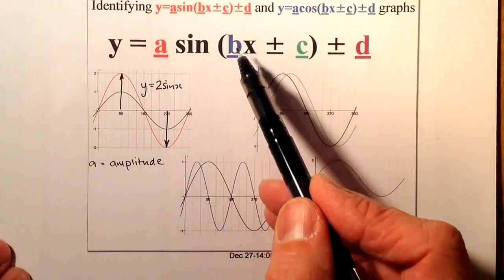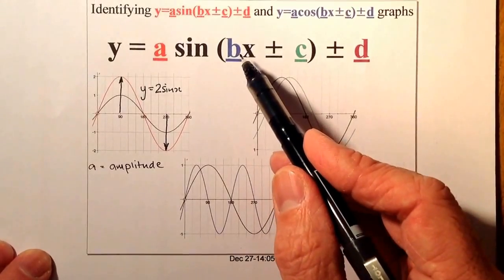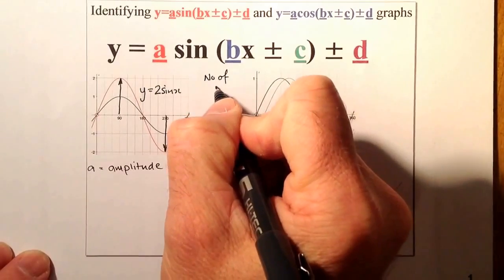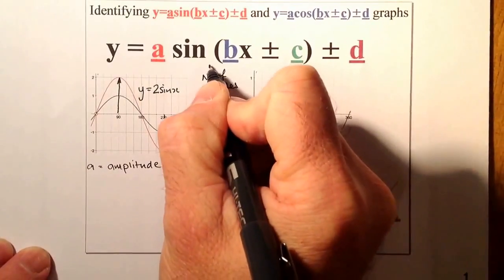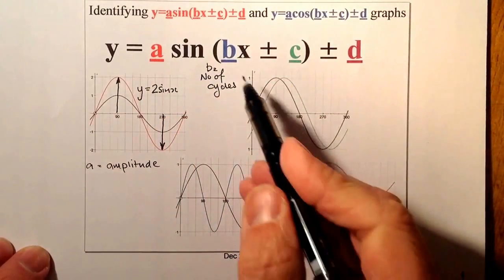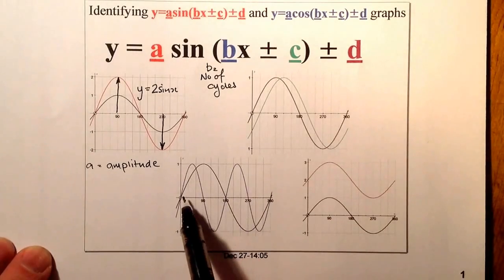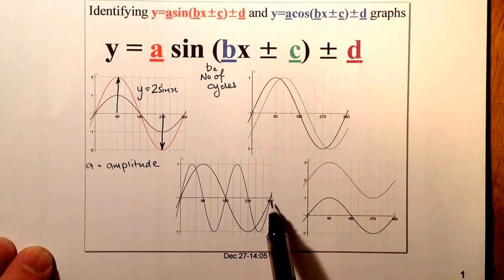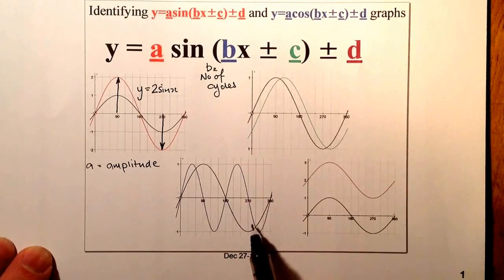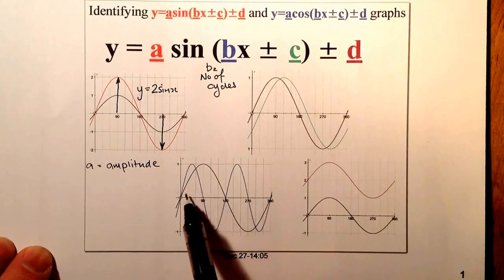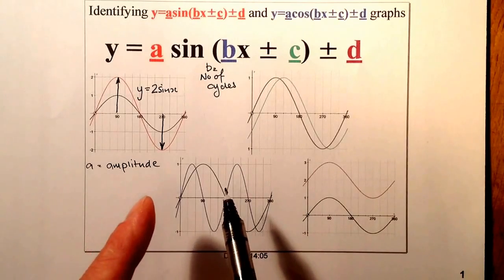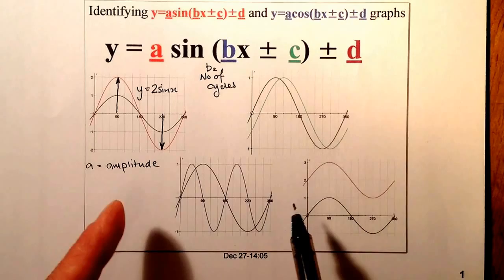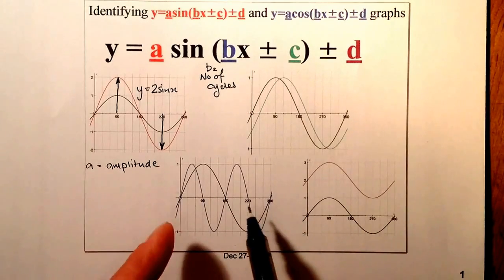If I look at B and what B would do, B tells me the number of cycles. If I look down to this graph here, I've got the normal sine graph in black, which goes up to 360 degrees. That's normal for the graph, but I've got a blue graph that's compressed a bit in, or it could be extended out a bit further, though in general you'll probably see them being compressed.